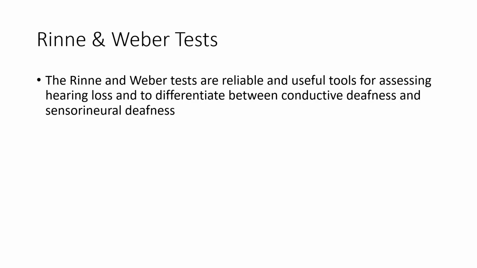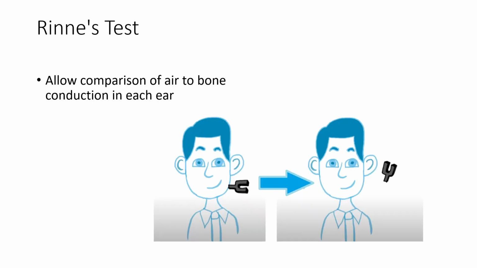The Rinne and Weber tests are important tools for differentiating between conductive hearing loss and sensorineural hearing loss. The Rinne test allows the comparison of air to bone conduction.